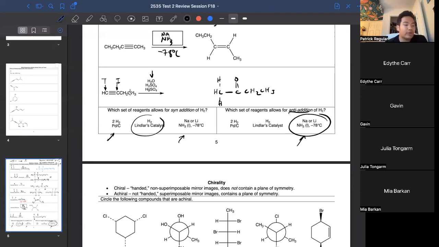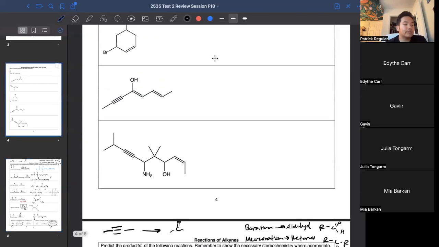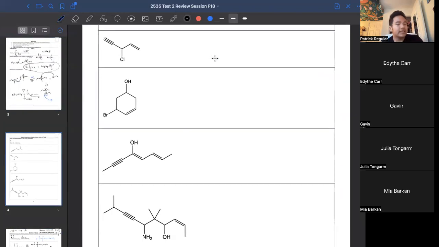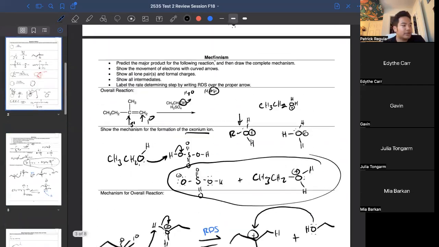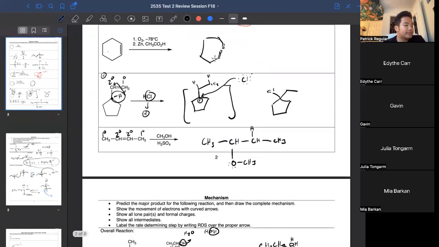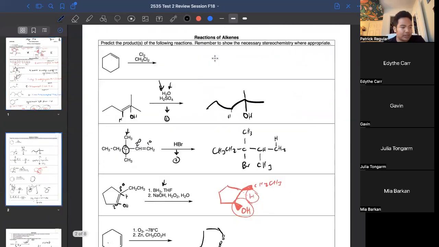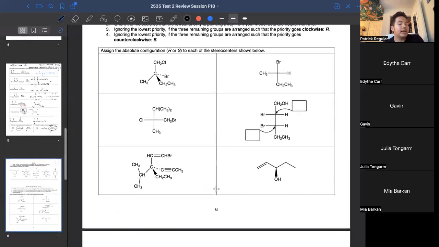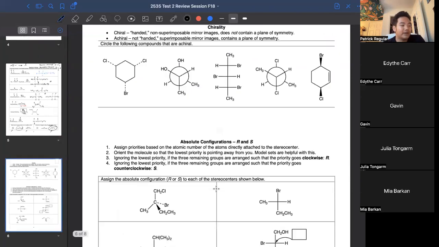I don't have any last minute questions regarding this before we finish up. The rest of this, I'm going to go over lightly again at the beginning of Thursday, mainly the carbocation rules, shifting, the mechanism, and then we'll get into nomenclature and then chirality, which is a whole lot of fun.